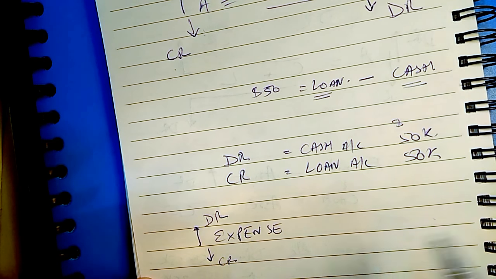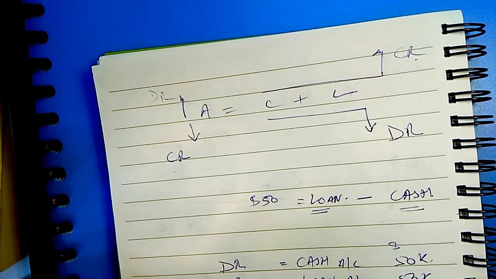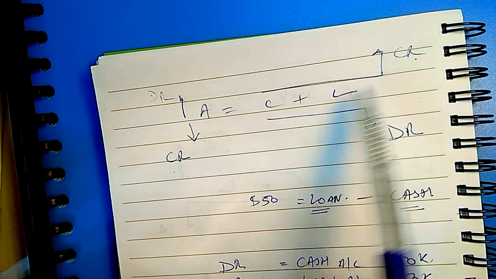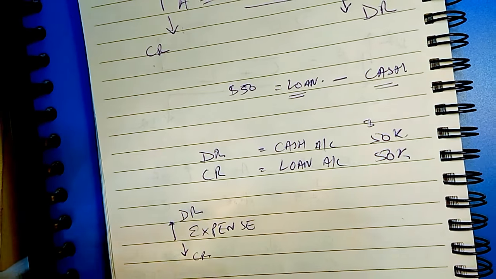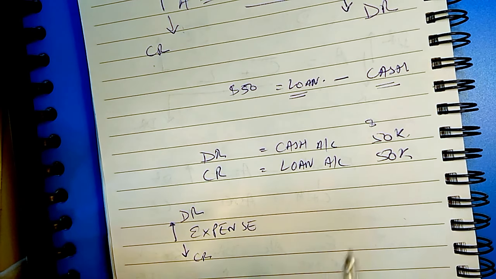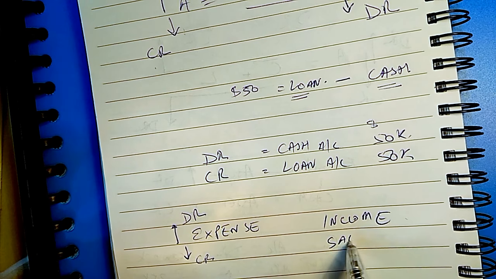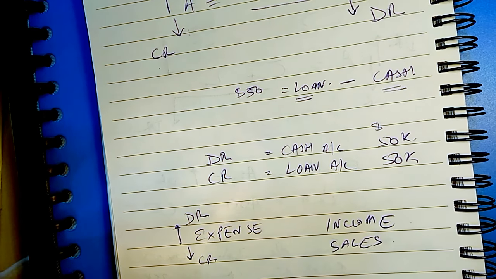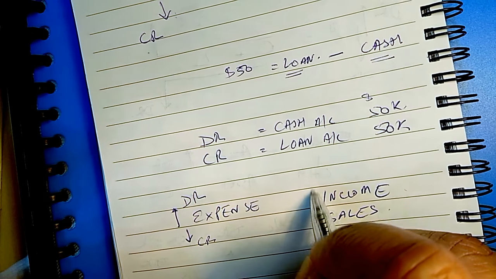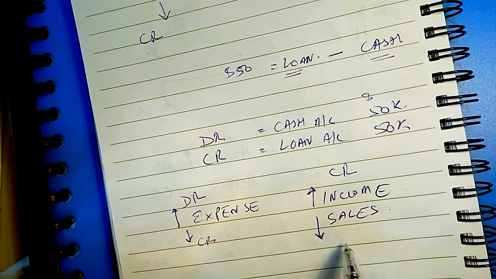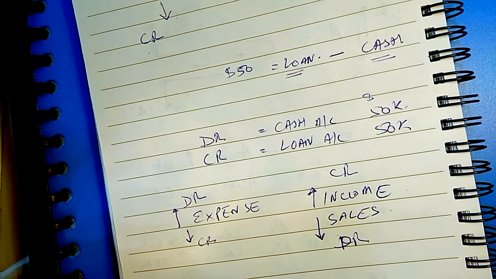On the other hand, income works in the same nature as capital or liability. So income or sales: when sales go up, it's a credit, sales going down is a debit.